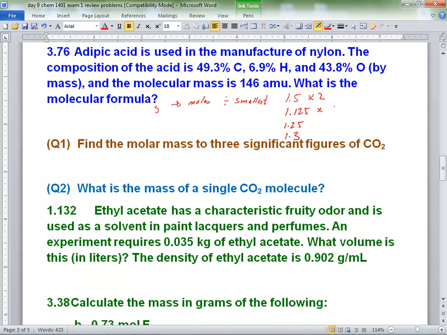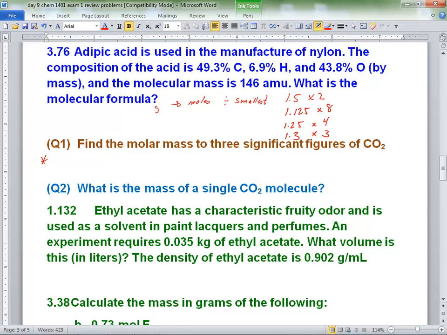If you have 1.125, you have to multiply everything by 8. 1.25, 4. 1.3, 3. Yeah, just remember those. So after you divide by the smallest, be careful of your rounding. If you end up with any magic decimals there, any of those 4, make sure you multiply everything, all the moles, by that whole number.